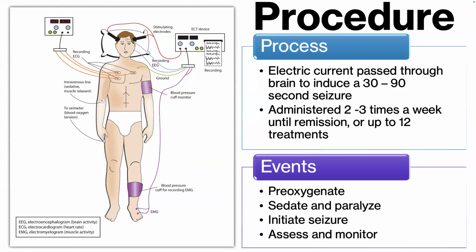Any history of cardiac disorder, any history of severe pulmonary disorder, any history of a stroke. So if they're scheduled for ECT and they have a stroke, boom, they're done. If they had a stroke 20 years ago, no, not a candidate.